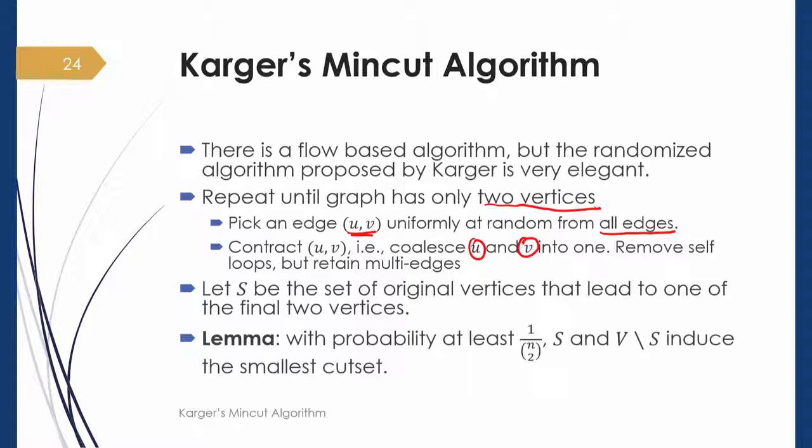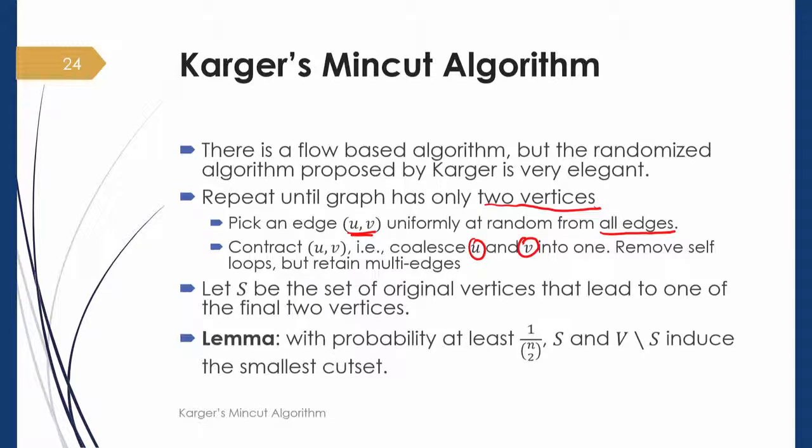Any edge between u and v now becomes a self loop. So, we simply remove those self loops, but then there could be multi edges, and we will see how such multi edges could form from an example that we will look at shortly. We will be retaining the multi edges though. The self loops we will discard, but the multi edges we retain. And as we coalesce, we keep track of the super nodes and the real original nodes that they actually comprise.